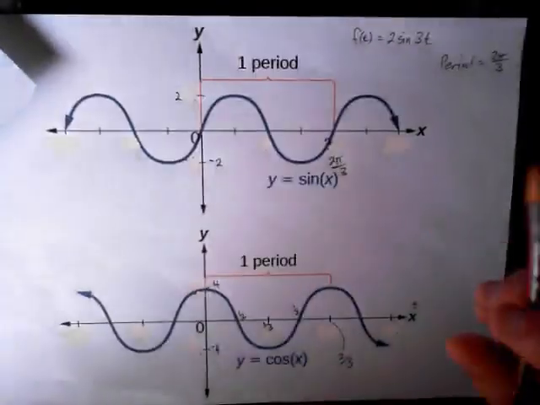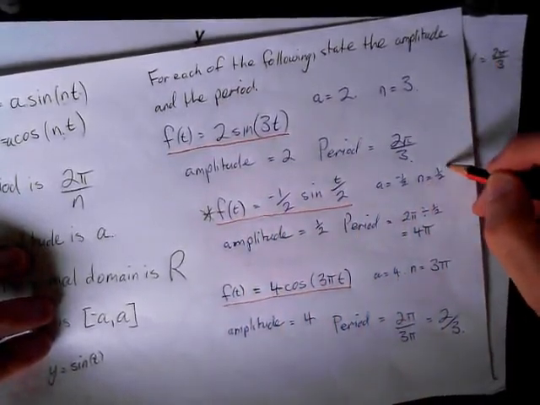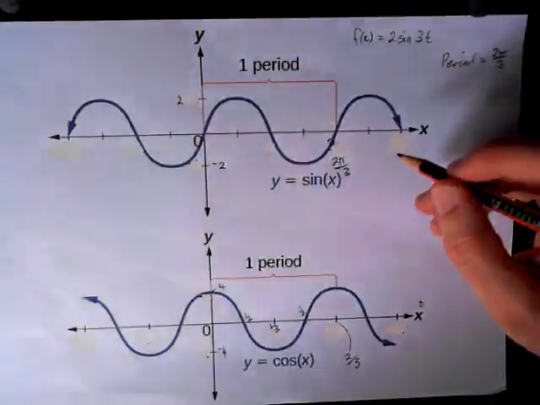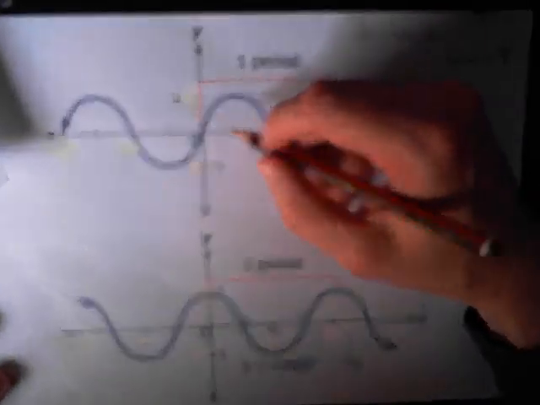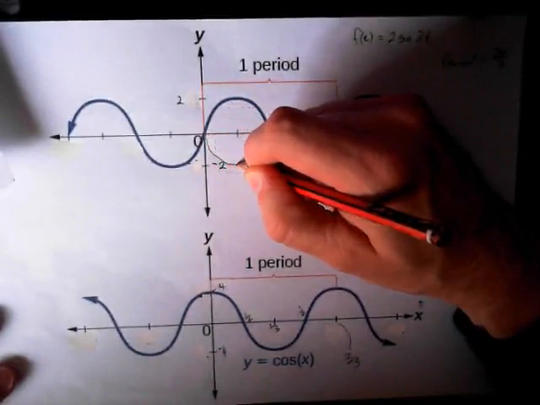So if I was to draw this graph, f of t equals negative a half sine t on 2 on this set of axes, that negative means I'd need to be drawing the reverse of this.